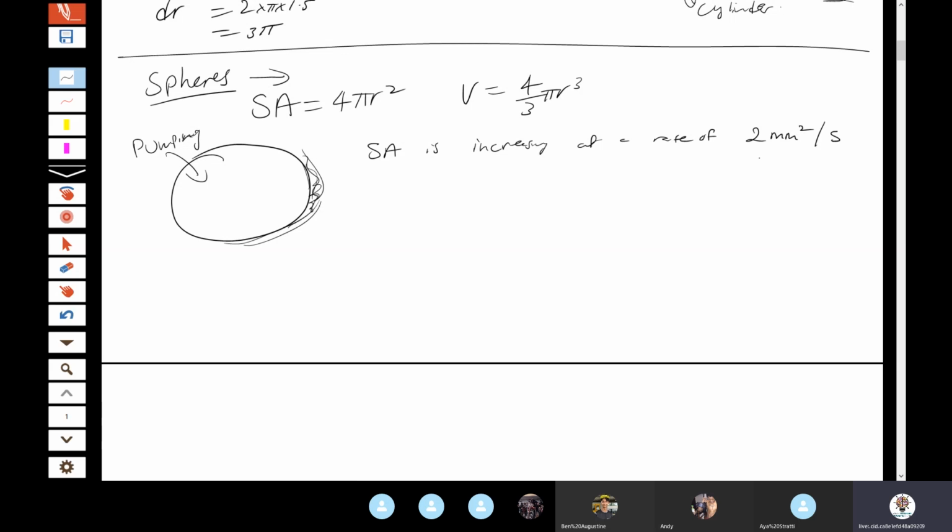When you're seeing this, what do you know straight away? Someone's got to say it. Come on. Surface area. Yeah, but what? What do I know from it? What are you going to write? What's the conclusion you can make from this? It's going to be dA on dt. That's it. That's the conclusion you can make straight away. dA on dt equals 2.